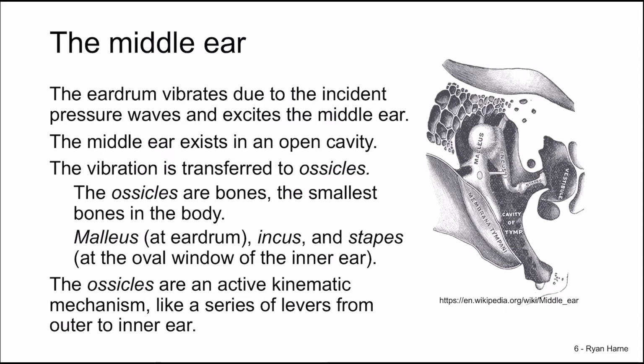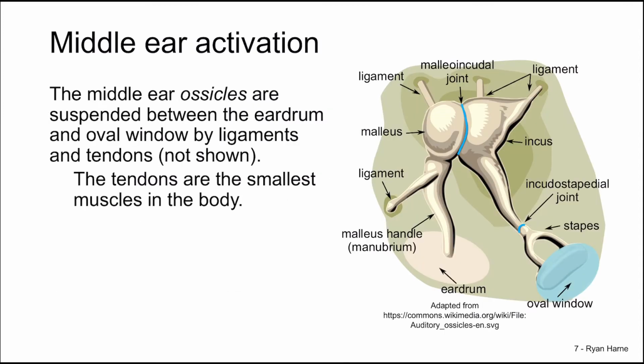These ossicles, we can think of them as like an active kinematic mechanism. They are coupled with small tendons and muscles and ligaments, but mostly they are a series of levers from the outer to inner ear. They're activated by being suspended through these ligaments and controlled by very small tendons.